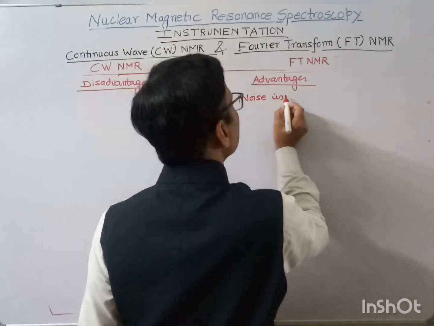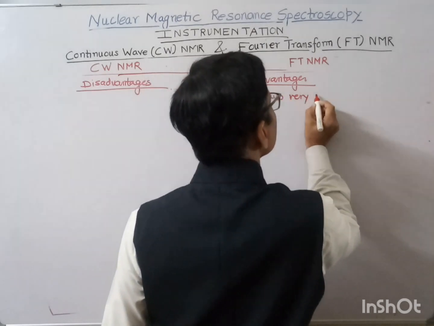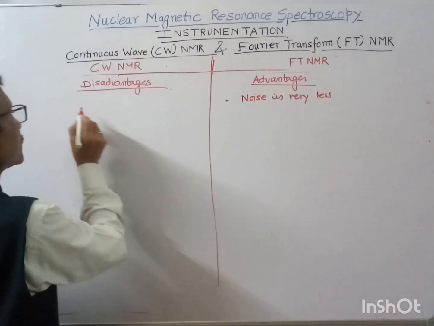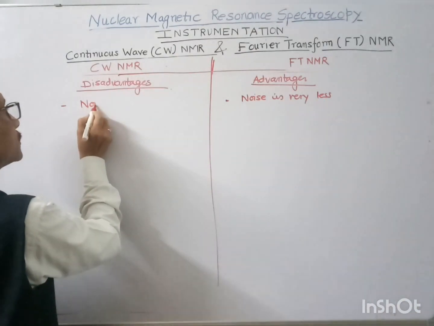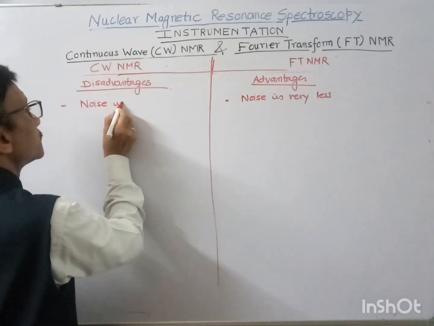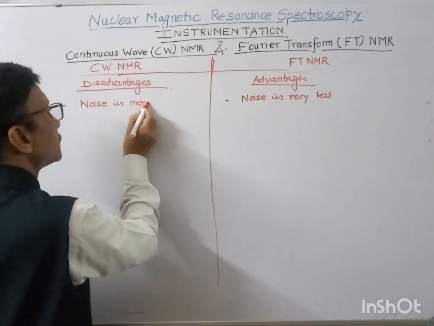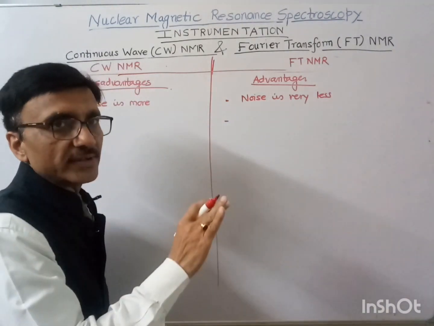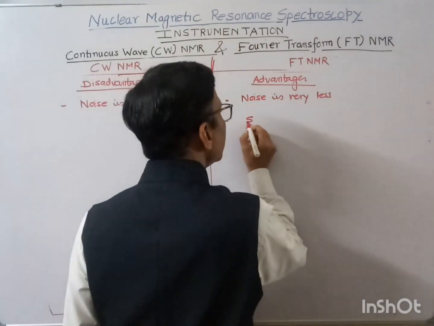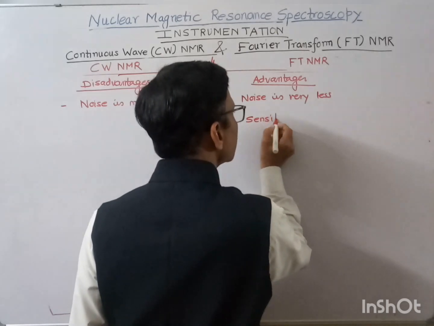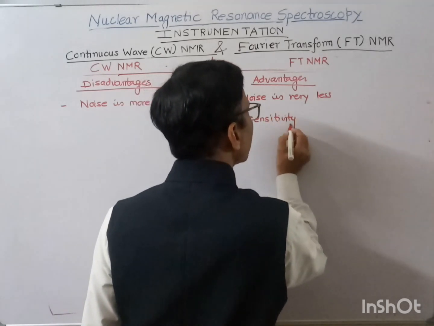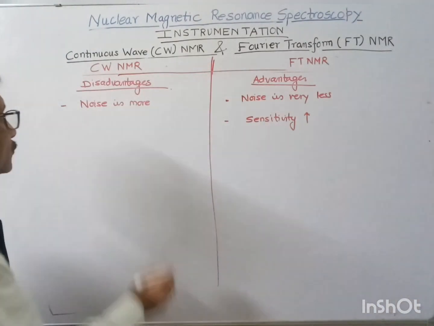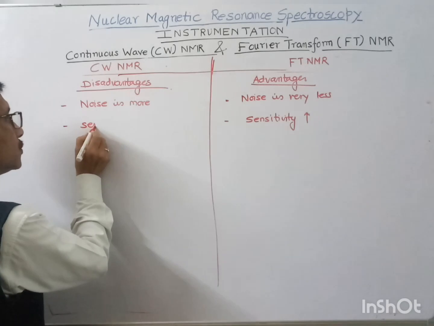Here the noise is more. Next, the sensitivity of the FT-NMR instrument is very high, whereas here the sensitivity is low.